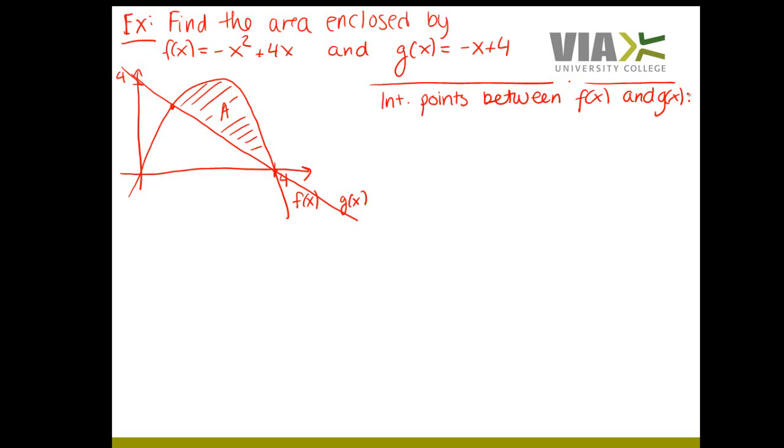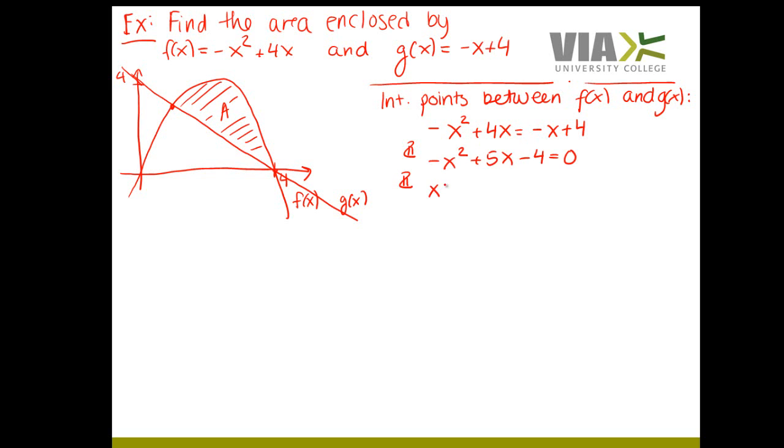When f(x) and g(x) intersect, they have a point in common, as you know, so it will be when f(x) is equal to g(x). In other words, when minus x squared plus 4x equals minus x plus 4. So that will be altogether minus x squared plus 5x minus 4 equals 0.